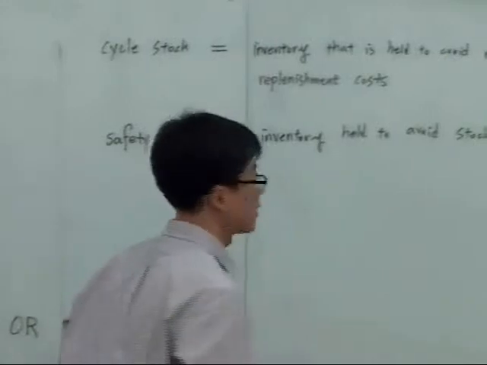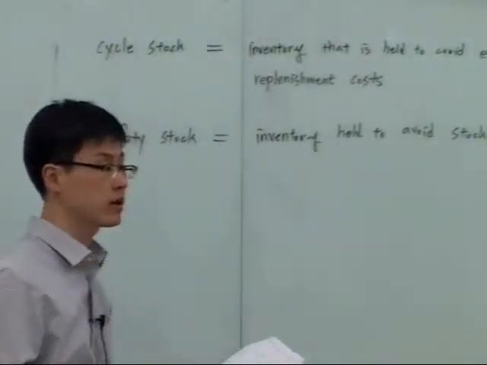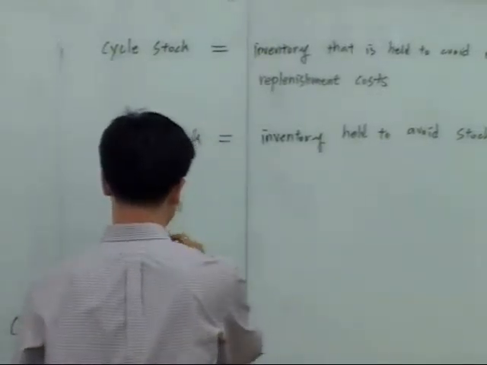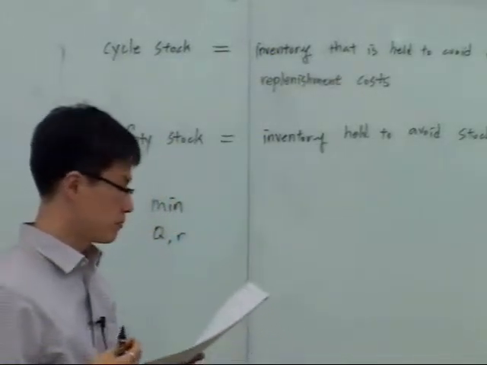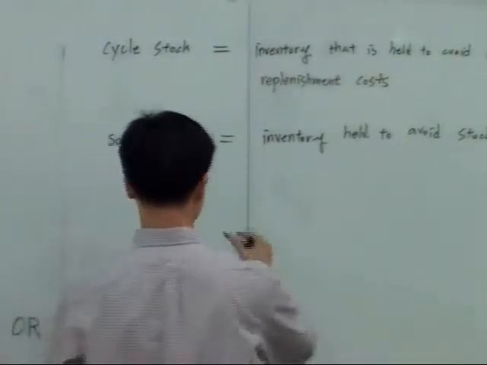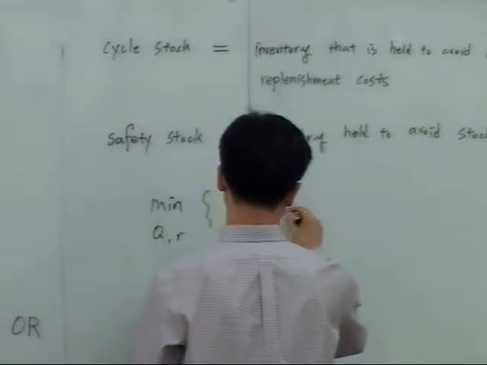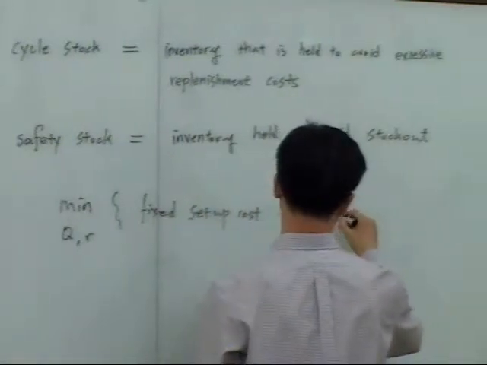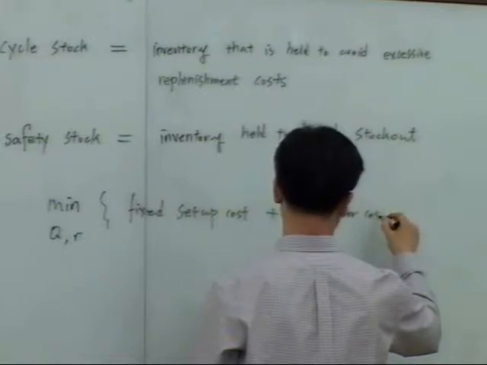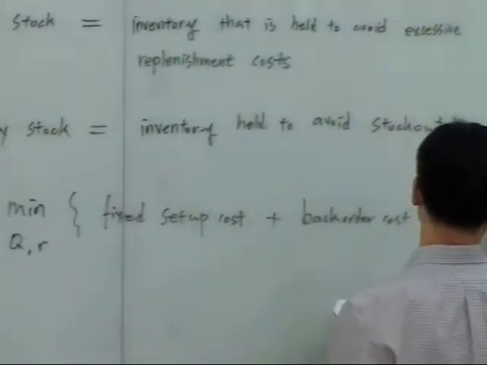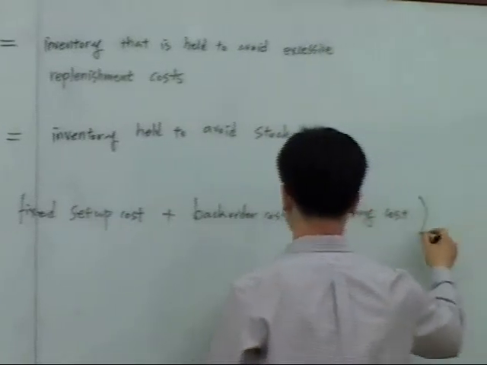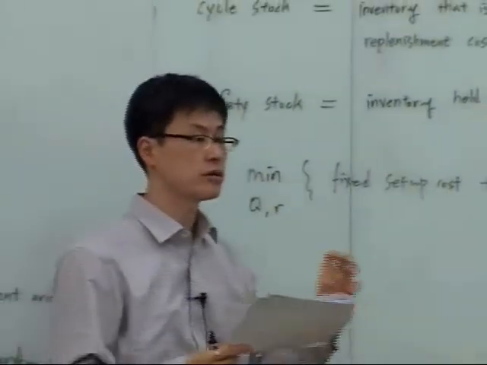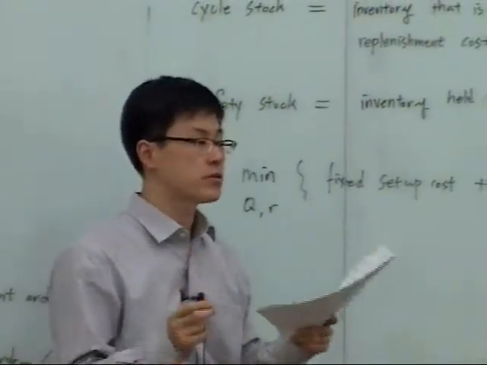Okay. In this model, what we'd like to do is minimization of the fixed setup cost plus backorder cost plus holding cost. Q and R are your design space, your decision variables.